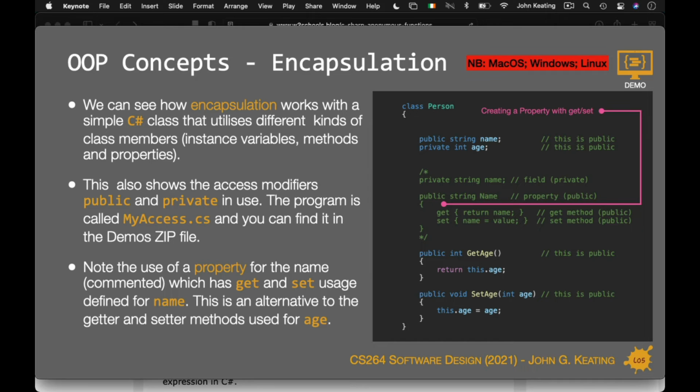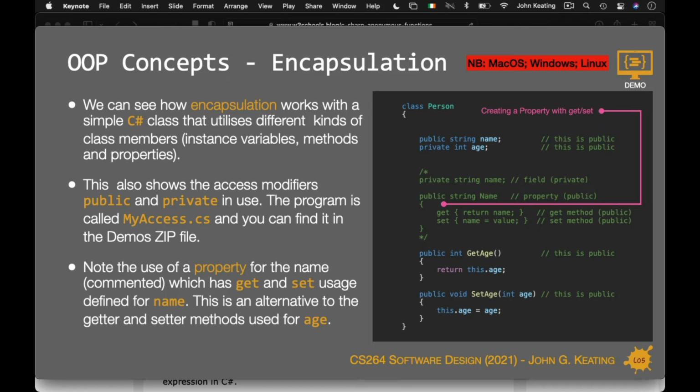If you look at the bottom one here, which is not commented out, we know the age is in there. We might have a get age and set age, and something similar for get name and set name, except in this particular program we wouldn't do that because we've made it public. So we could just use the object name dot name and manipulate it that way. It's a bad idea.